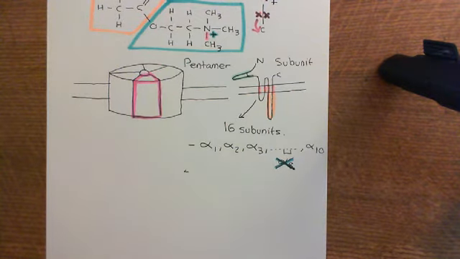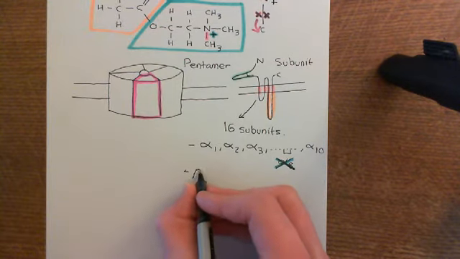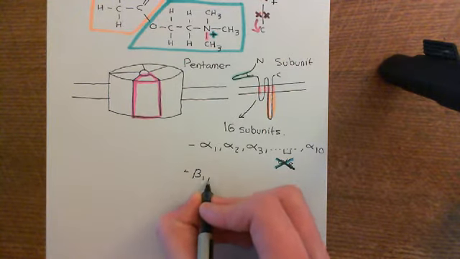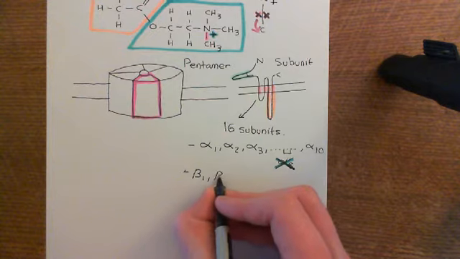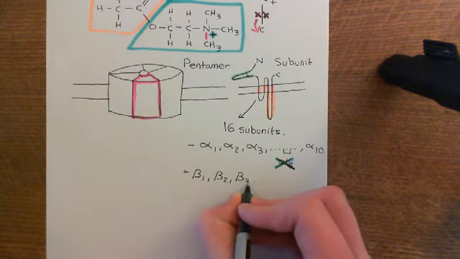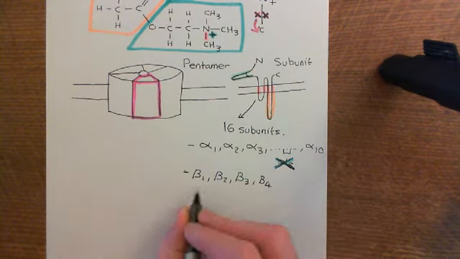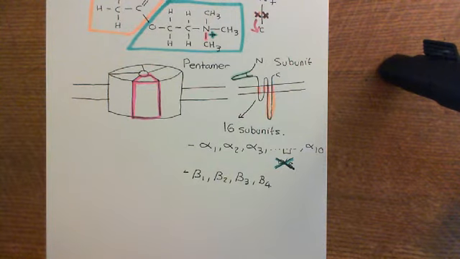Let's now go on to the beta family of nicotinic acetylcholine receptor subunits. So there is the beta-1 nicotinic acetylcholine receptor subunit, there is the beta-2 nicotinic acetylcholine receptor subunit, beta-3, and also beta-4. That takes us up to 13 total nicotinic acetylcholine receptor subunits.